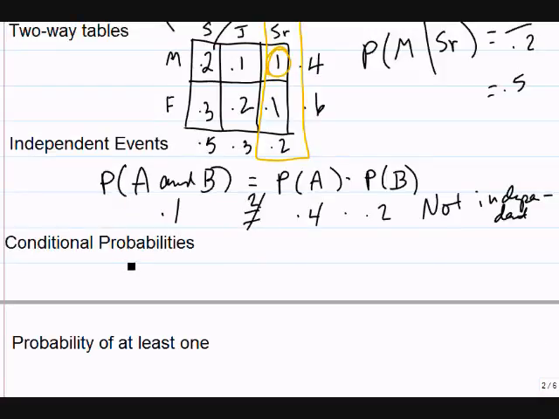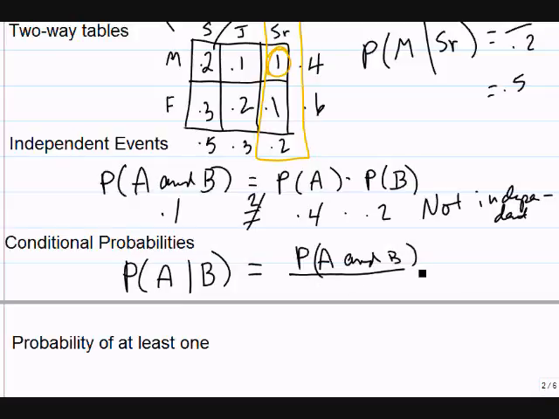Conditional probabilities. Probability of A given B is the probability of A and B divided by the probability of B. So here's A and B, male and senior, out of probability of being a senior, 0.1 out of 0.2.